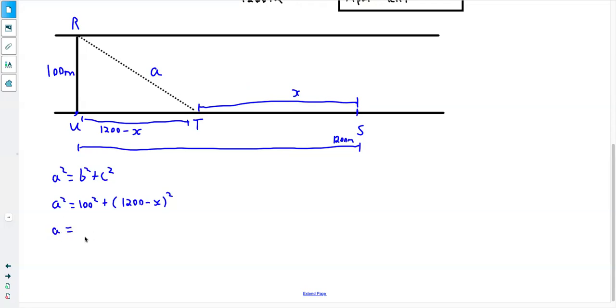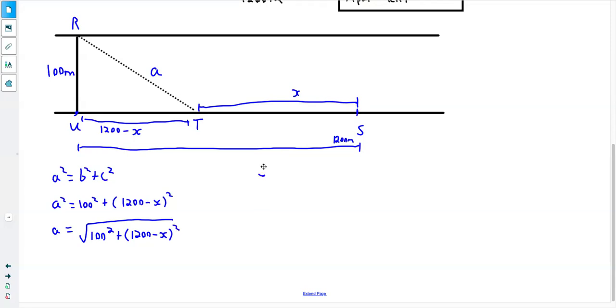Or A is equal to the square root of 100 squared plus (1,200 minus X) squared.